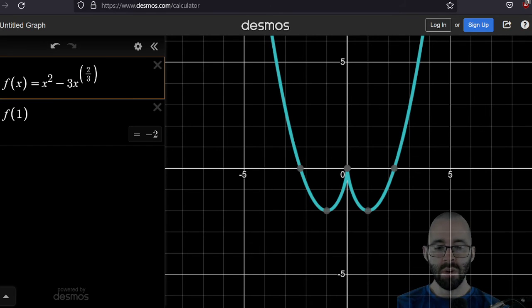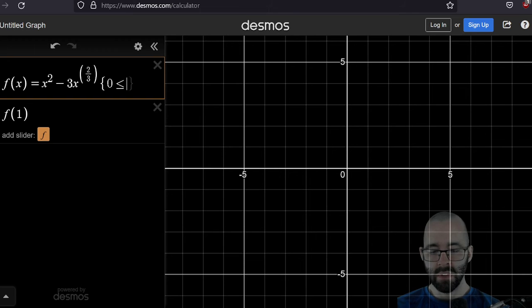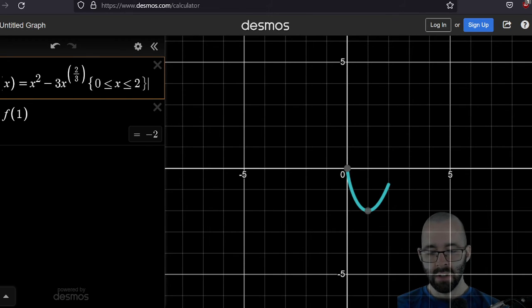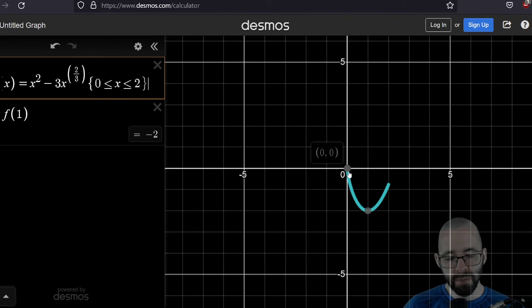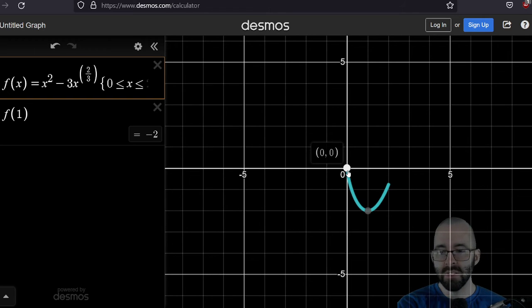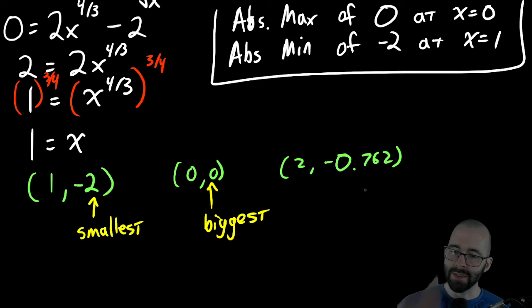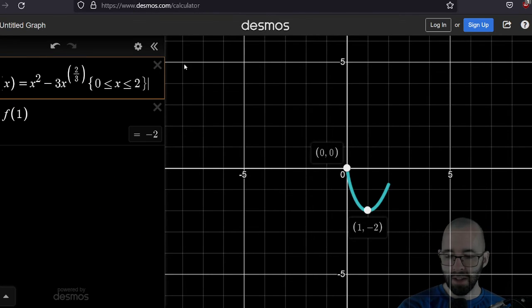Let's specify that this domain is only going from 0 to 2. Well, this is the biggest. 0, 0. Is that what we said? Great. Here's where we're the smallest. 1, 2, negative 2. That's what we said. That's great.